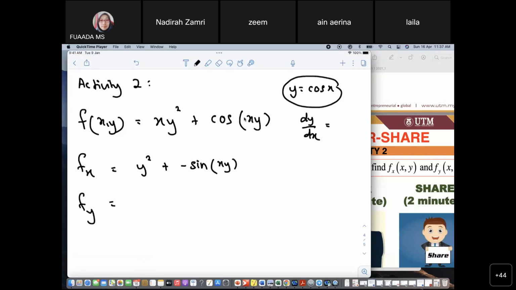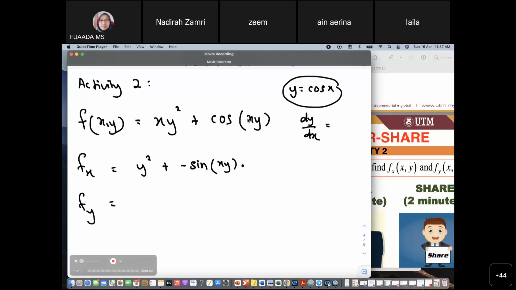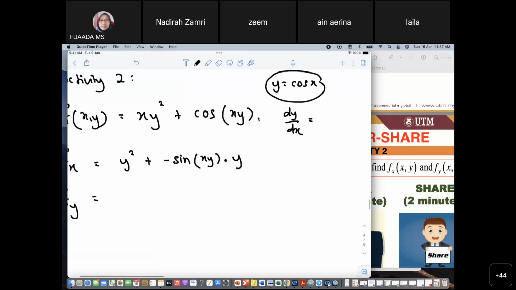That is the outer function, times the derivative of the inner function xy with respect to x. So we only have y. So you have y squared minus y sine of xy.